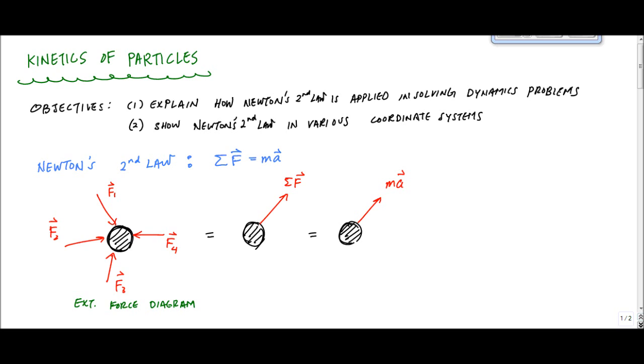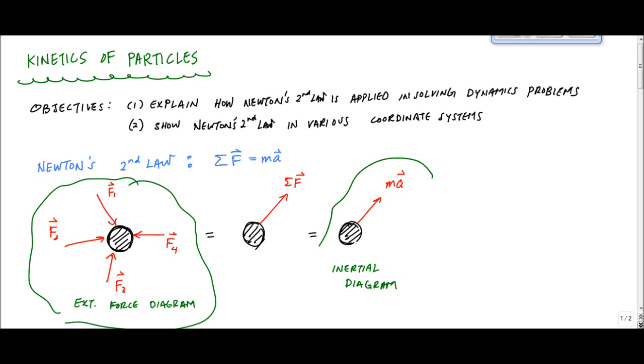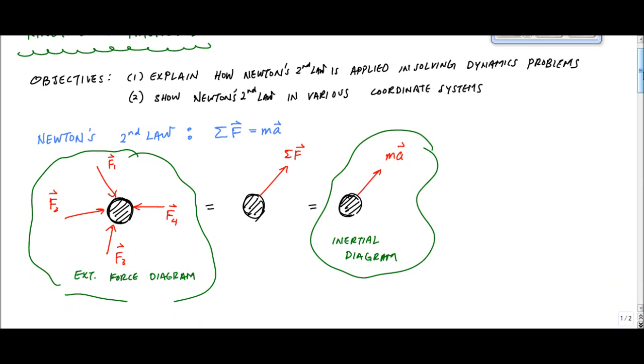And the other drawing that's really important to make, in my opinion, is this inertial diagram. Being able to make these two drawings will help you to solve all your kinetics problems in dynamics or physics, whatever class you're taking here. So here, that's how I look at it.